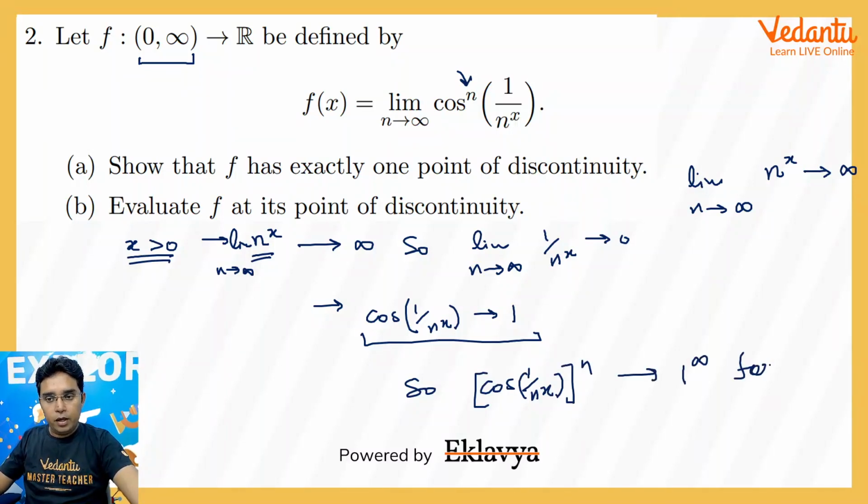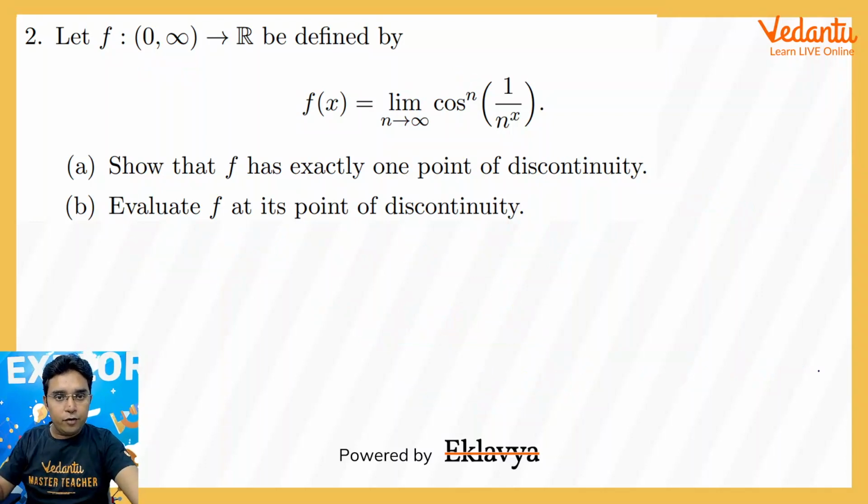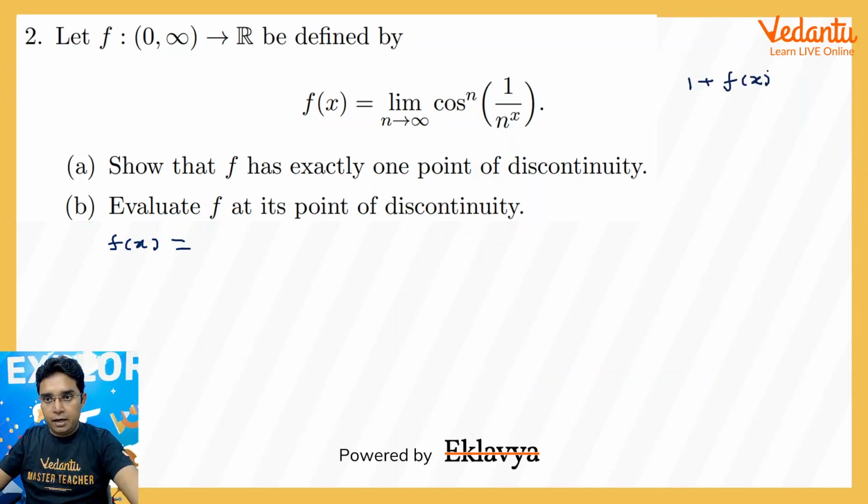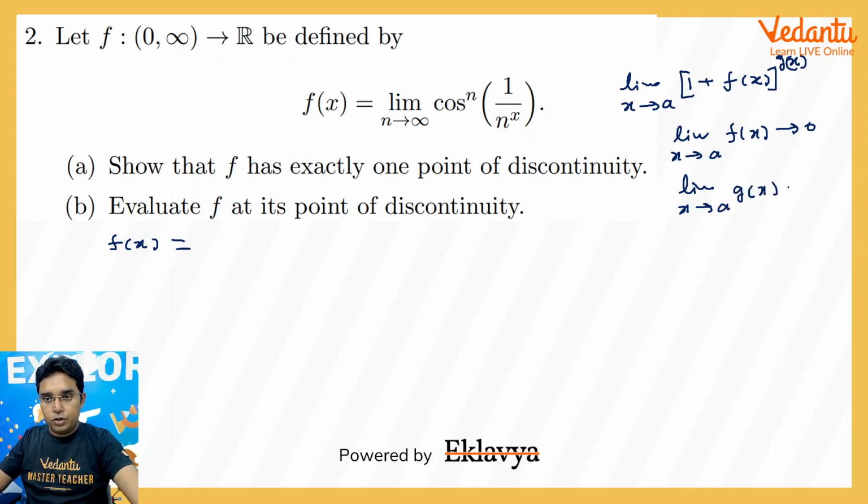Now to solve this 1 power infinity form, we can write f(x) using one very standard case. If you remember, 1 plus f(x) raised to the power g(x), for x approaching a, where f(x) approaches 0 and g(x) approaches infinity.